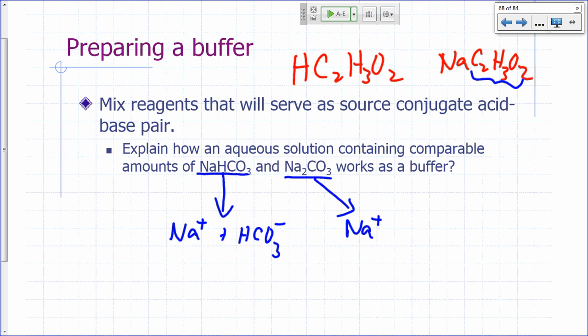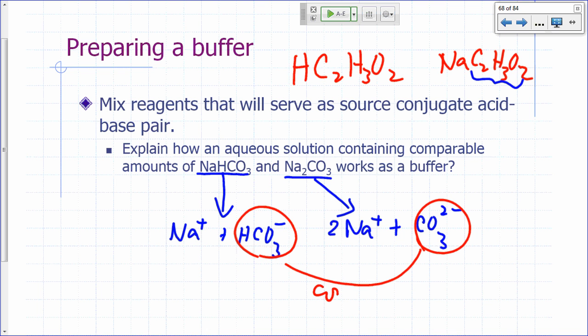Sodium ions and carbonate ions. Can you identify the two ions here that are a conjugate pair? This and that are a conjugate pair, right? So if you have significant amounts of bicarbonate and carbonate, then you can have a buffer.